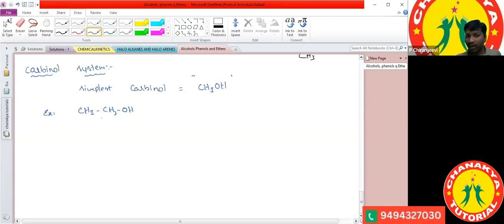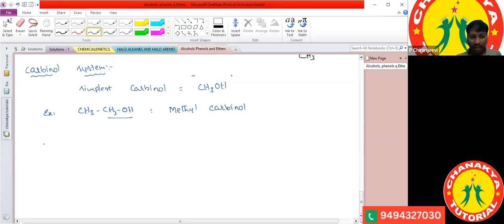In carbinol, one hydrogen atom is replaced by the methyl group, so that's why we write methyl carbinol.